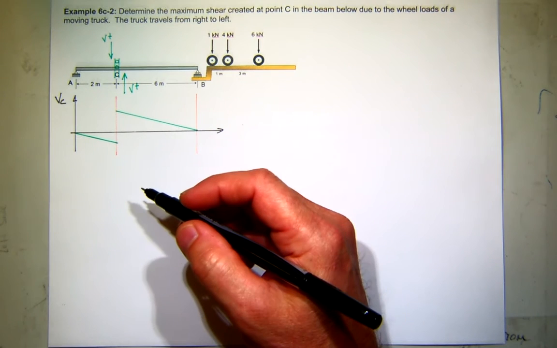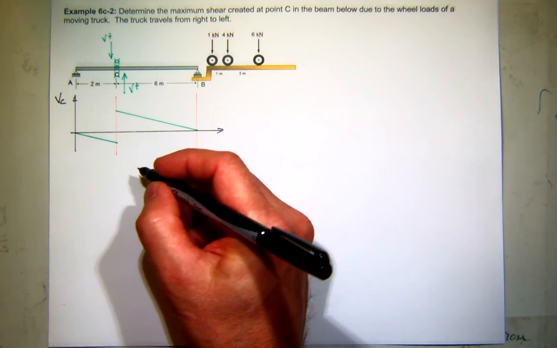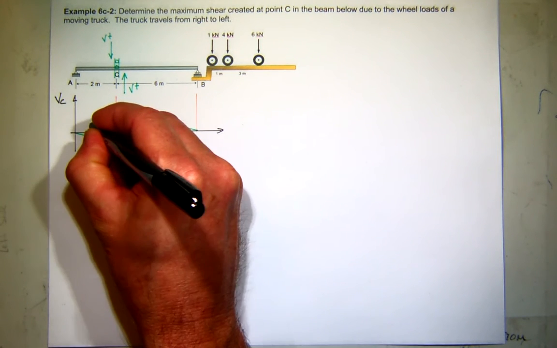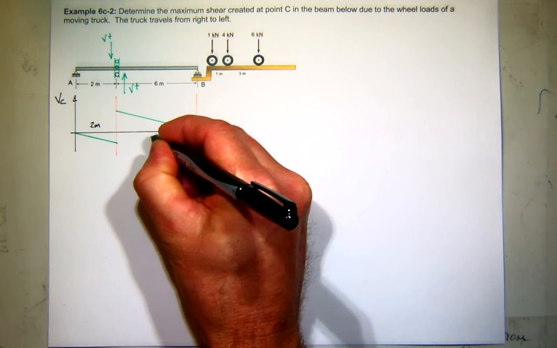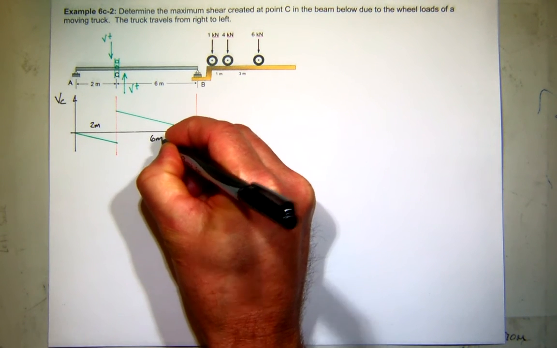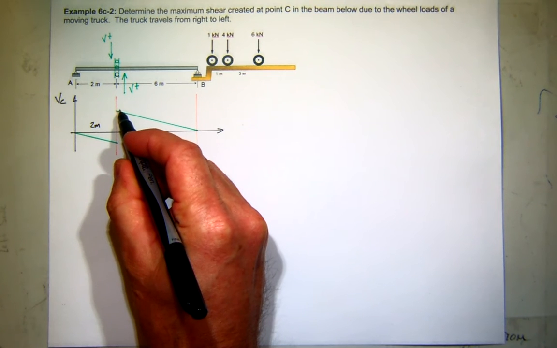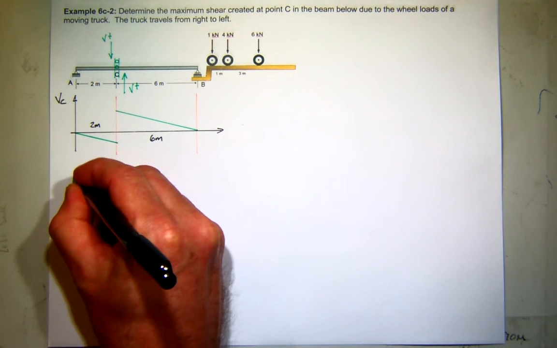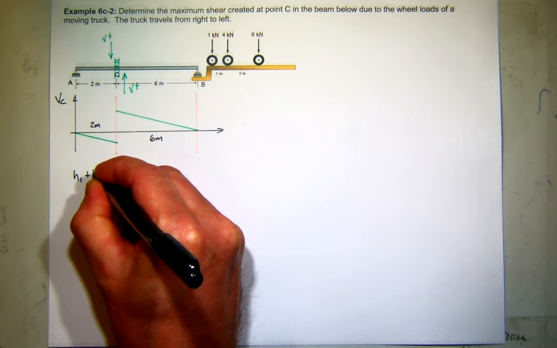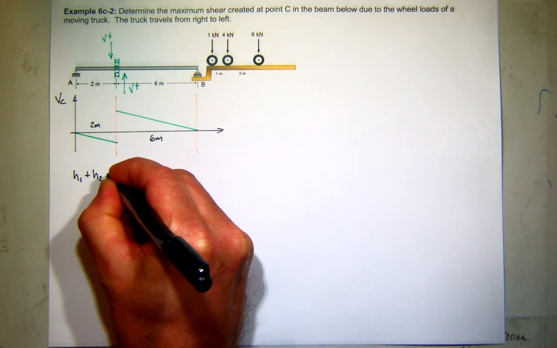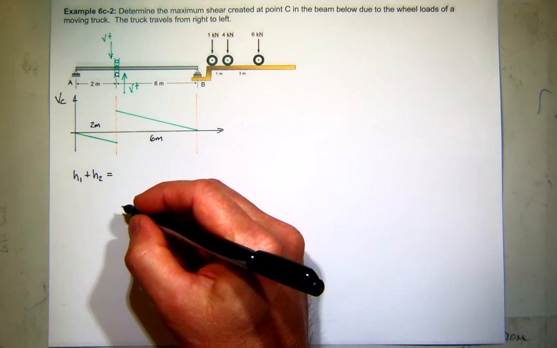Let me do it a different way. How about this? This is 2 meters and this is 6 meters. All right. I'll call this height 1 and this height 2. Okay? I know that H1 plus H2, well, the absolute values, has got to be equal to what?